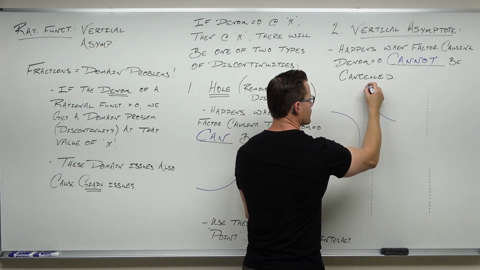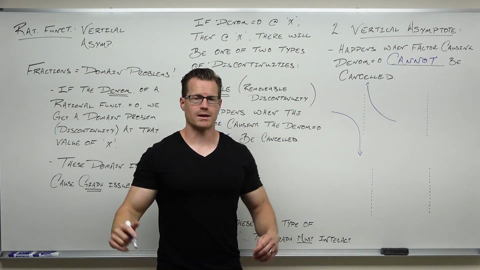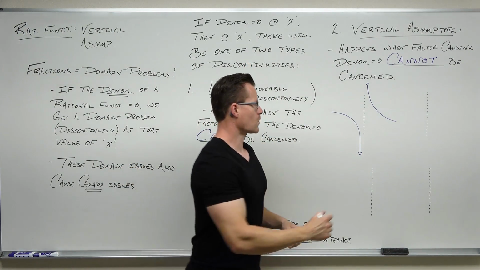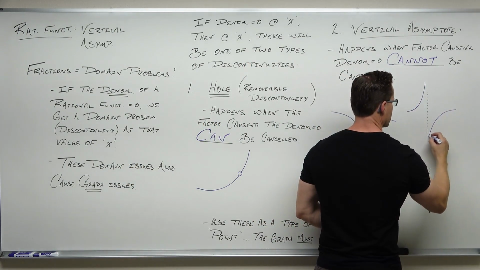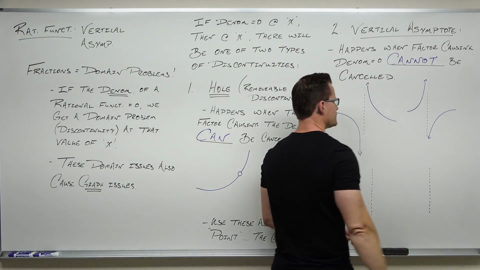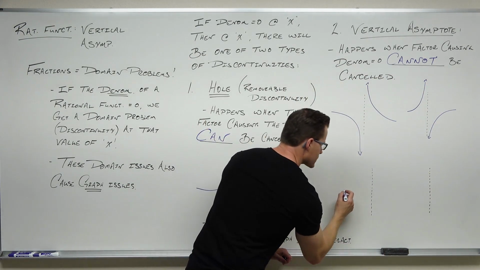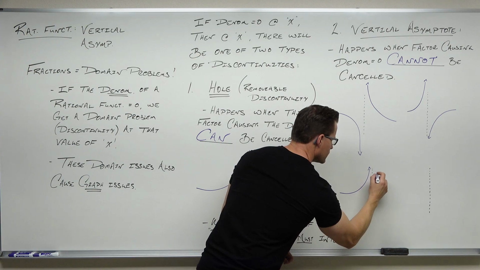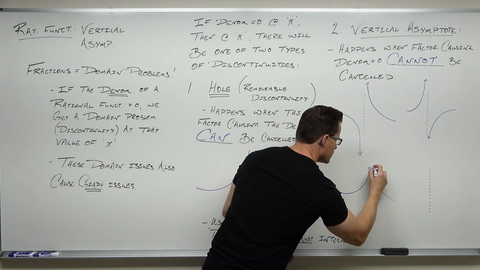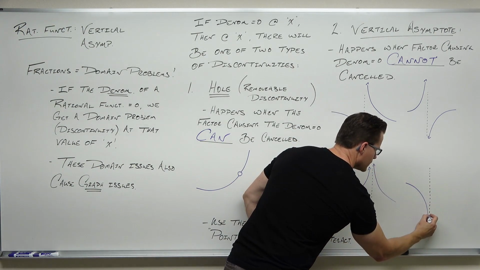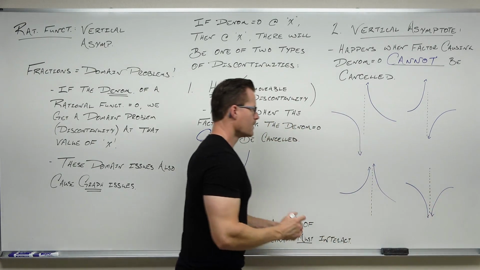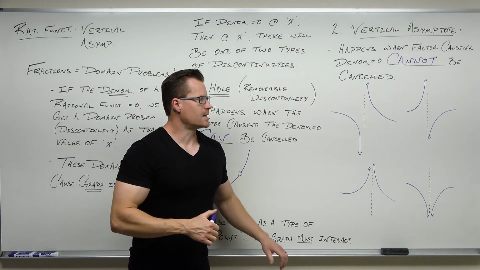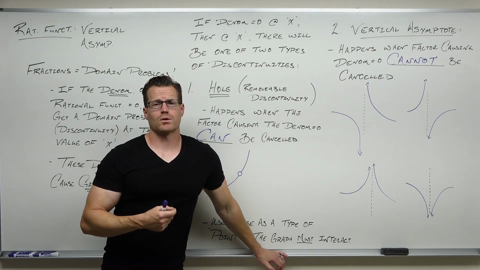Your graph is going to look like this, or this, or like this, or like that. Those are the 4 cases that you're ever going to get with a vertical asymptote.